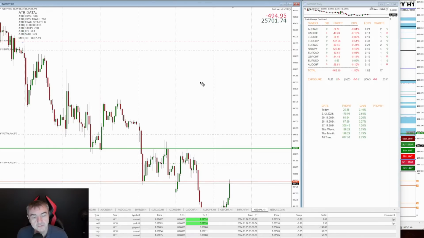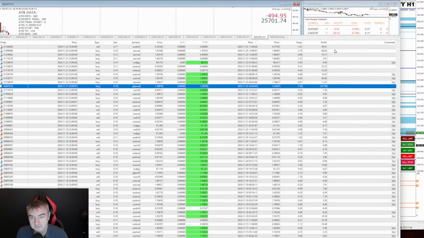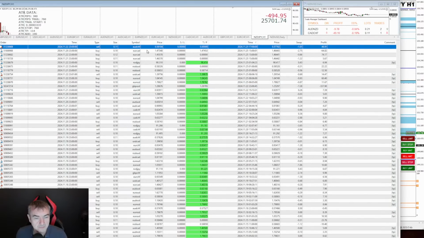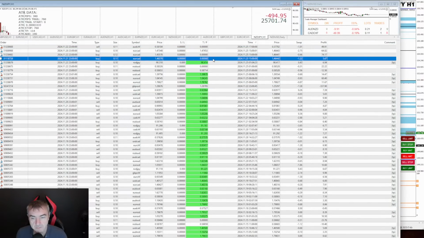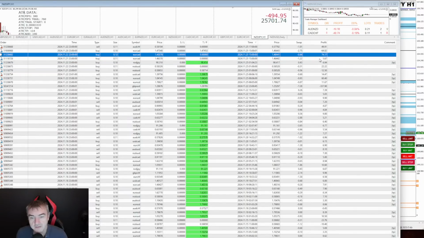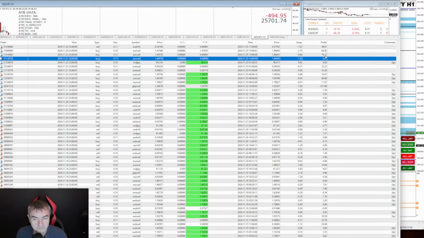Now, the problem with using a 0.1 lot size initially is that your risk is not going to be the same on every instrument. So when you look through the P&L here, you'll see that there's some, so that Euro CAD there where we had 3 trades on made $15, $16.